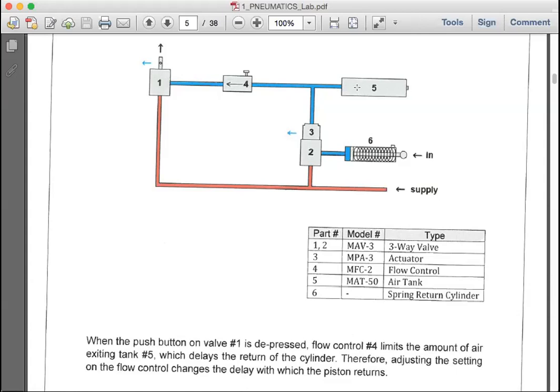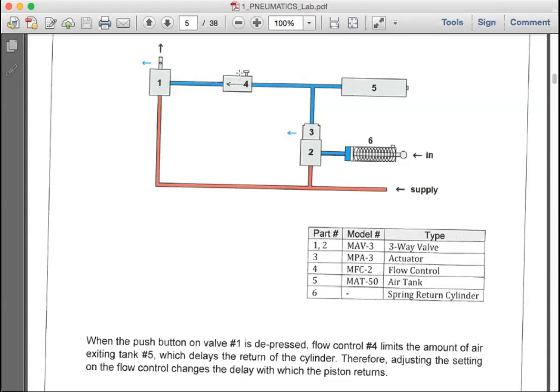Okay, so those are the ways of controlling the delay in your system by installing the appropriate size of the tank, so you have a larger or lower volume, and adjusting the flow control.